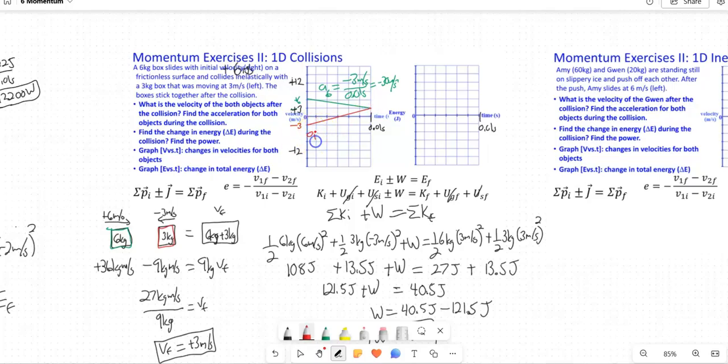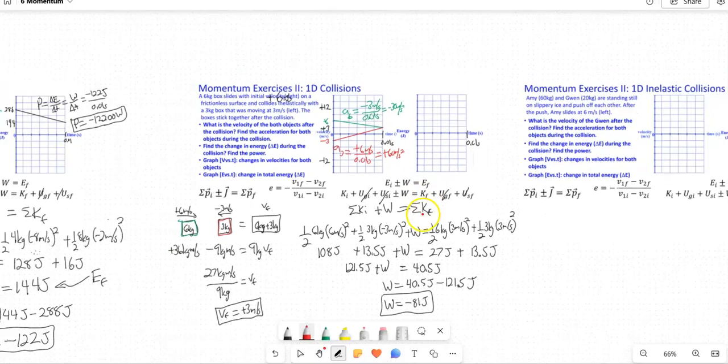So that 3 kilogram object, its acceleration is going to be positive 6 meters per second over 0.01 seconds, which is going to be positive 60 meters per second squared.